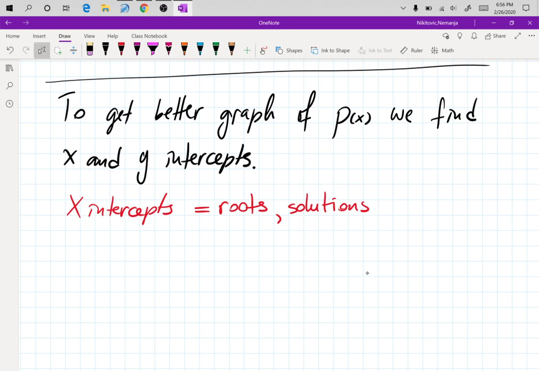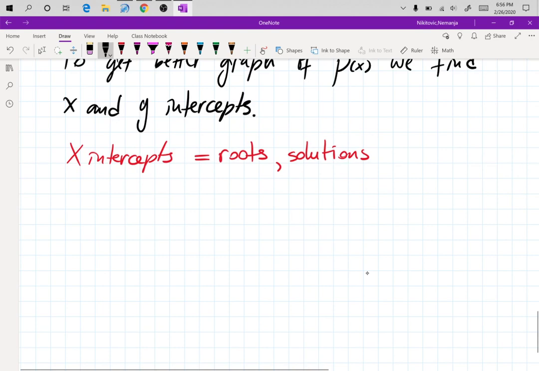And I'm going to pick an example that is factored, and then we'll deal with the rest, with factoring and things later. So let's start with some simple stuff. Let's say y equals x minus 2, x plus 4.